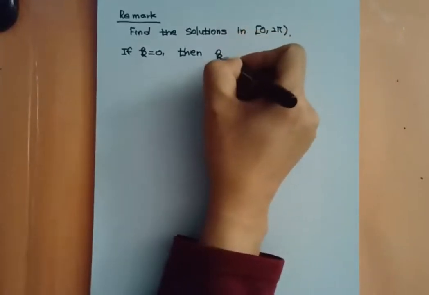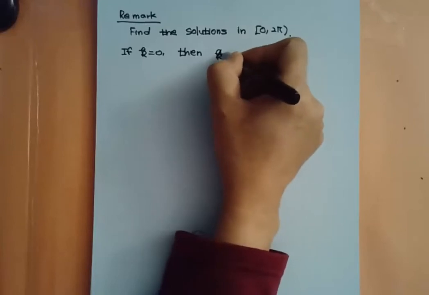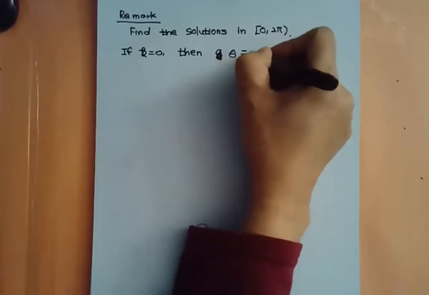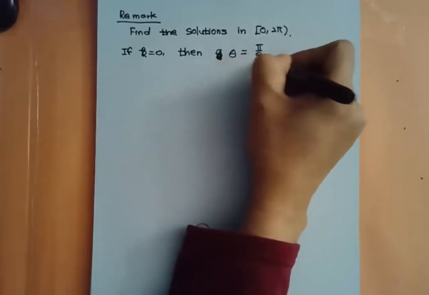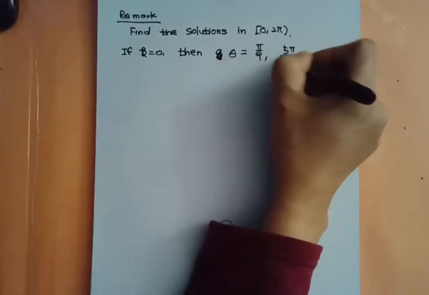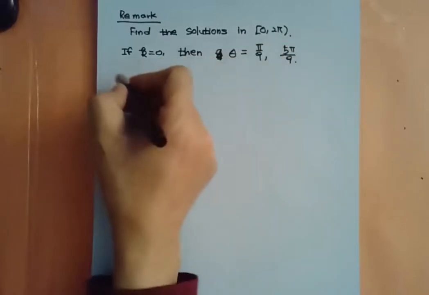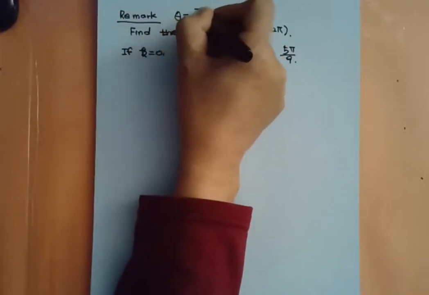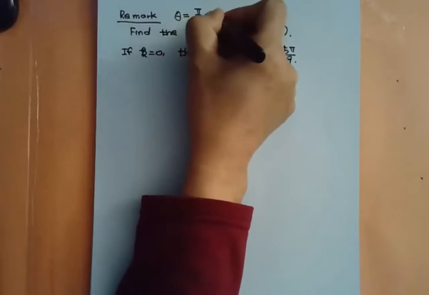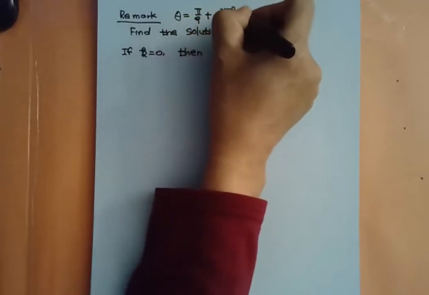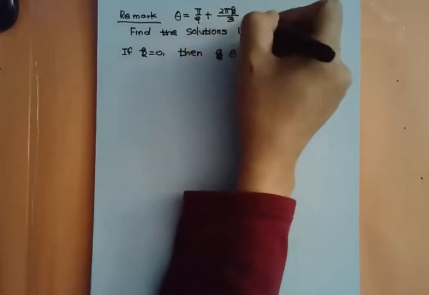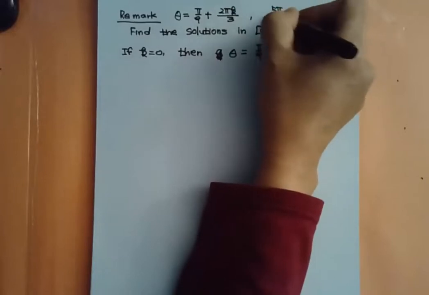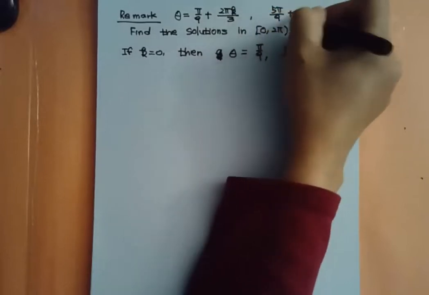So we get theta equals pi over 9 or 5 pi over 9. So let me write down theta. Theta equals pi over 9 plus 2 pi k over 3, or 5 pi over 9 plus 2 pi k over 3.